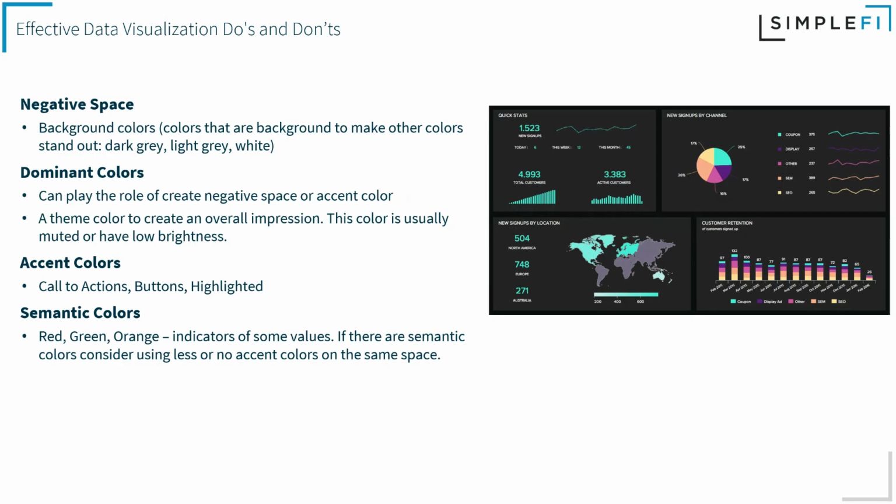You also notice on the left-hand side, there are what people refer to as accent colors and semantic colors. Let's start with the semantic colors. As I mentioned, choosing red for the brand Ferrari might not be the best choice because for us as humans, red means something is wrong. There's an alert. So showing, for example, revenue over 12 months in a red color might not be the best idea.